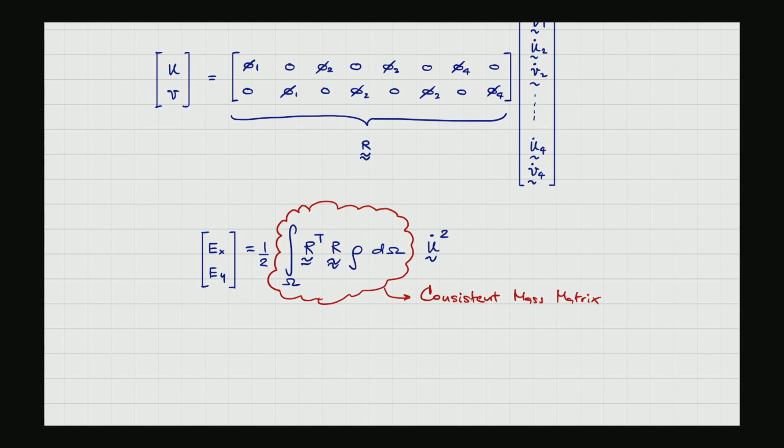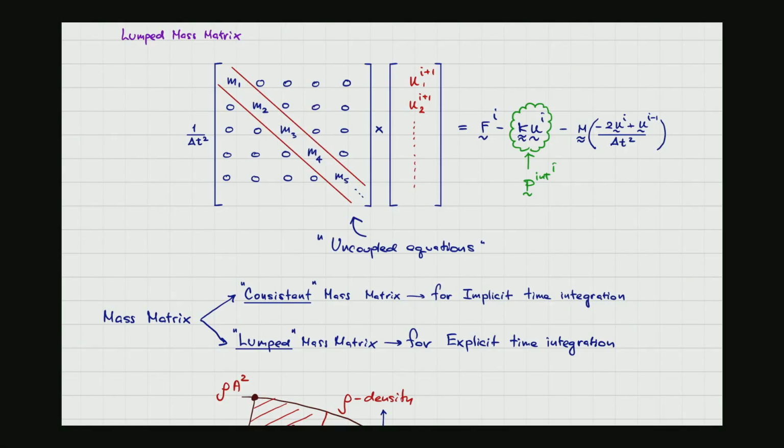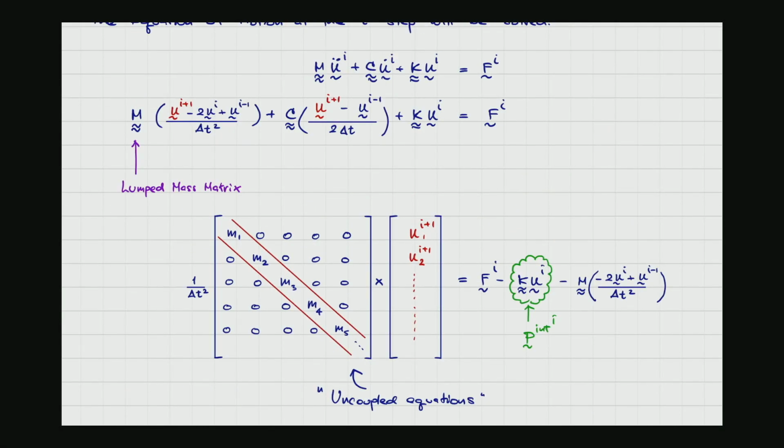The shape function is in there, pushed inside, and the velocity will be given by the delta U. Everything is going to follow the concept of the shape function, so it does not violate, in the same way as the lump mass where you just assign the mass to the points, which is not consistent, but it is good since you can enjoy the benefit of this diagonal matrix and the uncoupled equations.